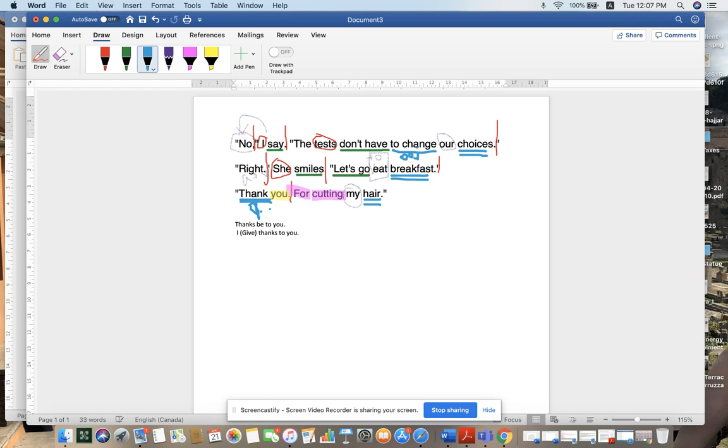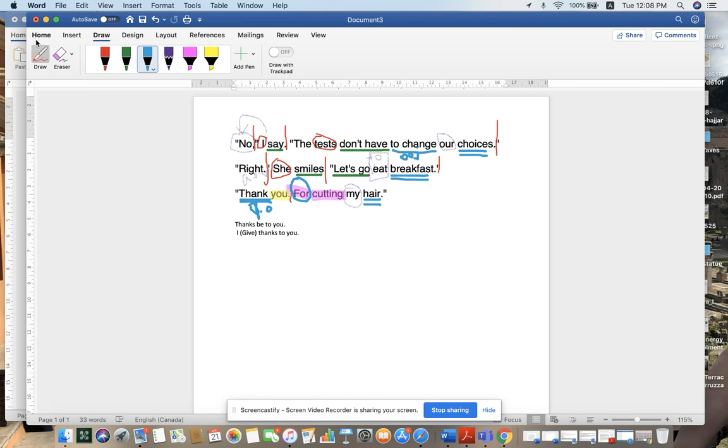DO, direct object, sorry. So hopefully now you know what the syntax of the word or the expression thank you is. Thanks is always the direct object that is being given to you for something. And how am I saying for? Because right here, the next clause tells you what you're thankful for: cutting hair.